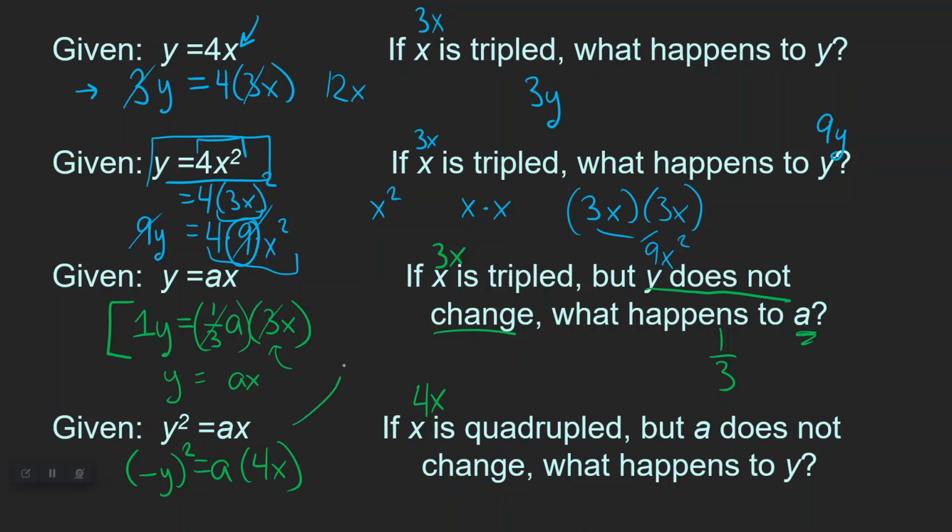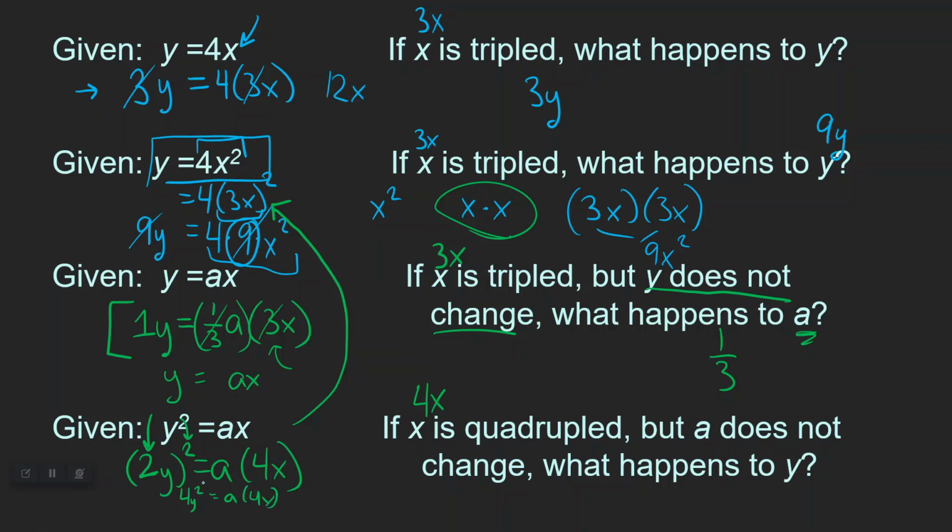But kind of like we saw up here, whatever factor I change y by is actually going to happen twice. So we really have to ask what squared is going to give me a factor change of 4. And that's actually going to be 2.